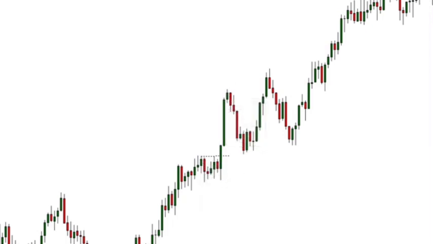What we are looking for at this point is to wait for price to retrace back to find an institutional reference point. Remember, I said an institutional reference point can be in the form of an order block, which is this last red candle that price printed before moving, or a fair value gap, which is an imbalance that was created at this point.